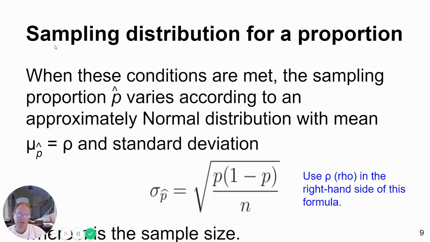So when all of those conditions are met, the sample proportion p hat varies according to an approximately normal distribution with a mean of p and a standard deviation given by that formula right there. When we're analyzing sampling distributions of proportions, we put a p in the right-hand side of that equation on the bottom, and the small lowercase n refers to the sample size.